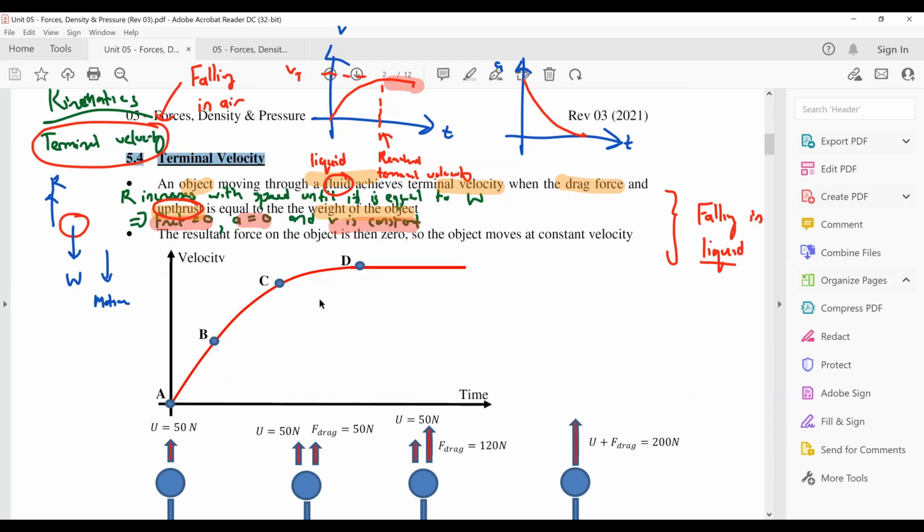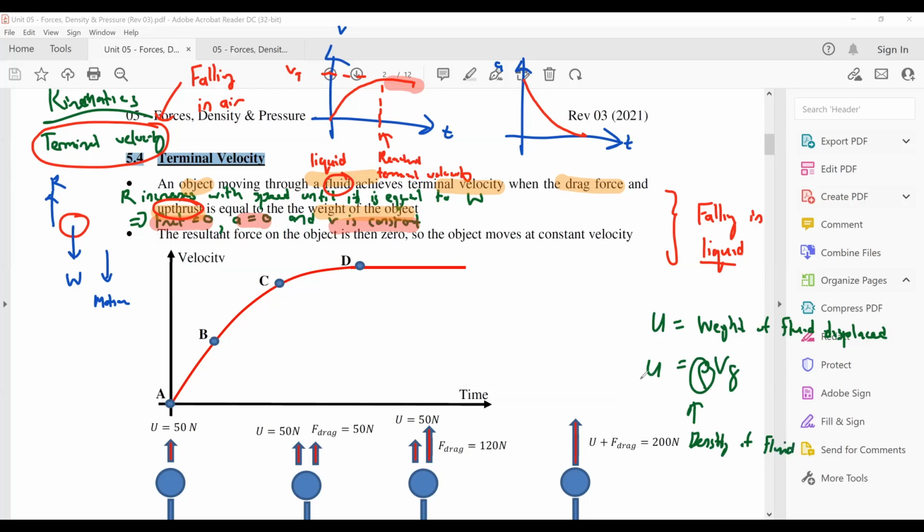It's because of how upthrust is defined. Upthrust is actually the weight of liquid, sorry, the correct term is the weight of fluid displaced, which is rho Vg, where rho is the density of the fluid.